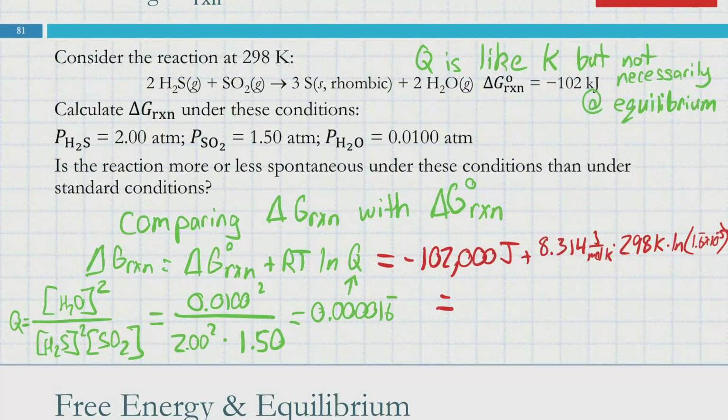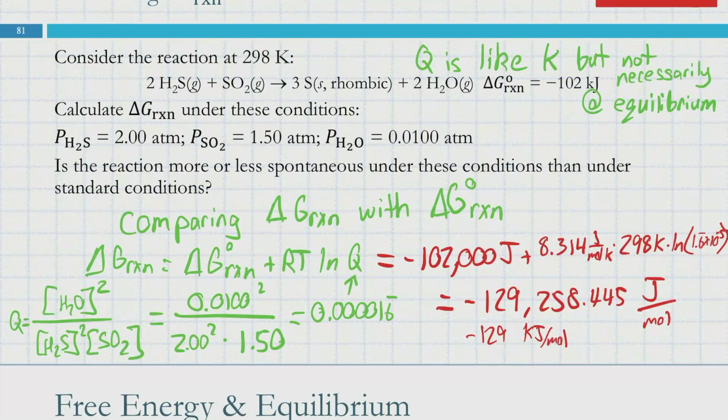This should be negative 129,258.445 joules per mole or whatever. So negative 129 kilojoules per mole, or just kilojoules.